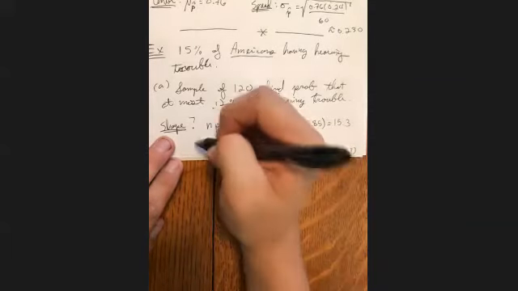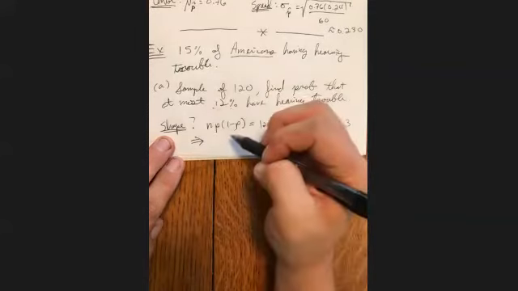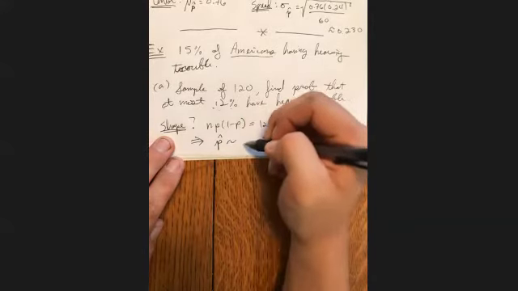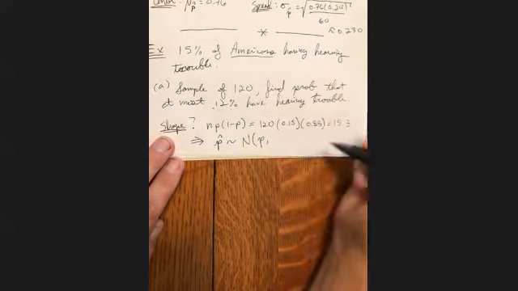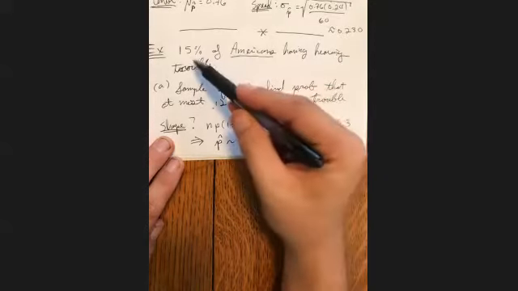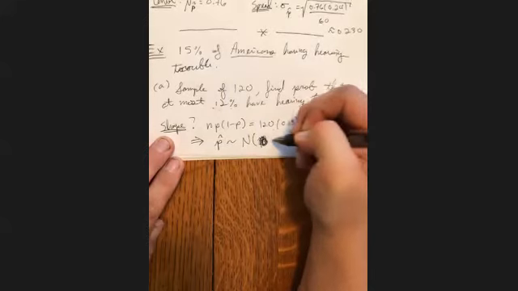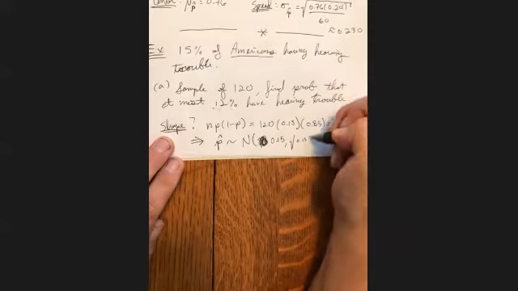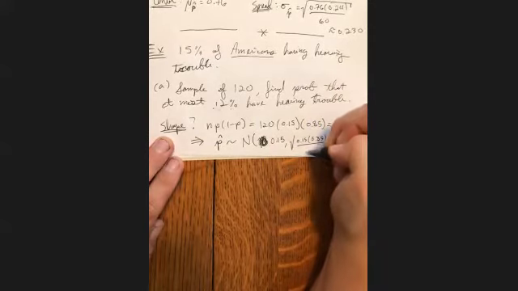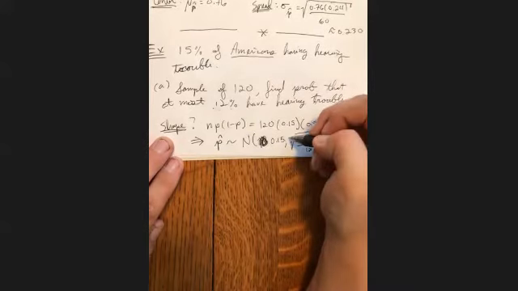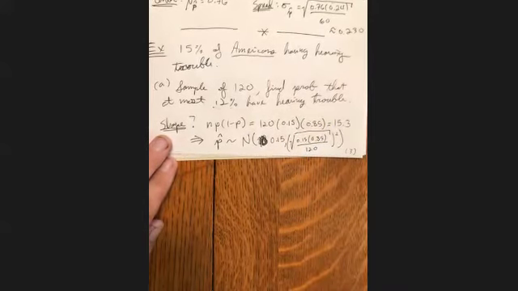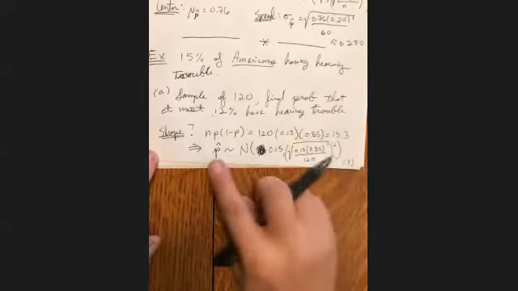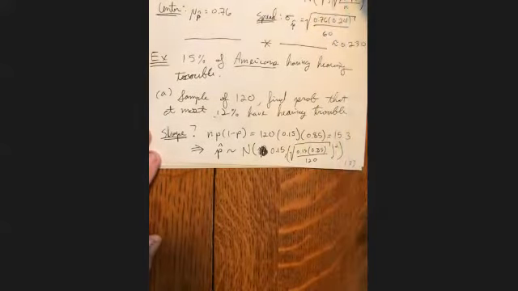So just from this computation, we can conclude that p hat will be distributed normally with a mean of p, which I should just write down, with a mean of 0.15 and a standard deviation of the square root of 0.15 times 0.85 divided by 120. So that's the variance. Okay, so now we know what the distribution of this parameter is. Once we know the distribution, now we can compute probabilities.